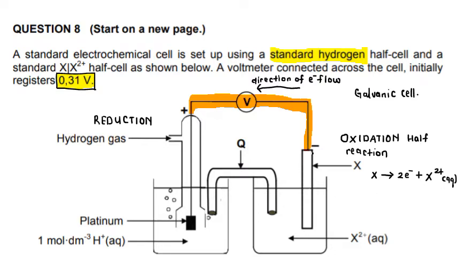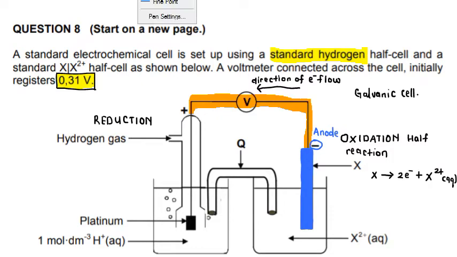Now if we quickly identify our components, this electrode has a negative sign next to it, and it's also a galvanic cell, so that is our anode. I'm just going to shade it in blue.